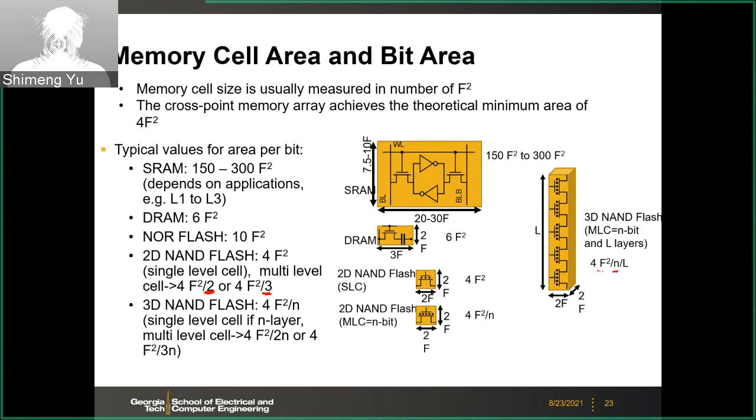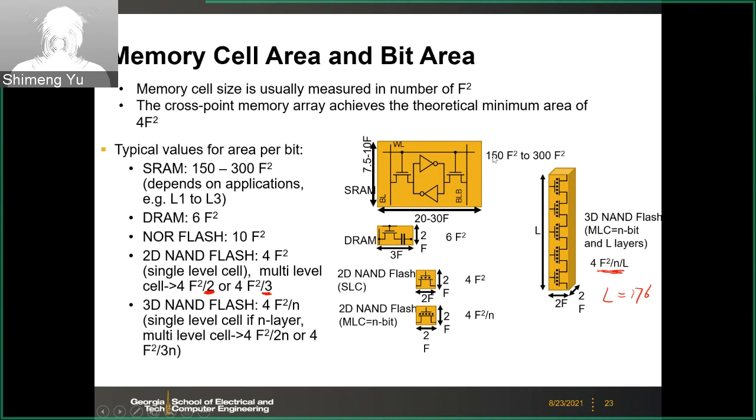So then this can be very small, right? The equivalent bit area will be very small because today's L, if you look at the specs from Micron and SK Hynix, is 176. You can have more than 100 layers in the 3D dimension. So this area is so small.